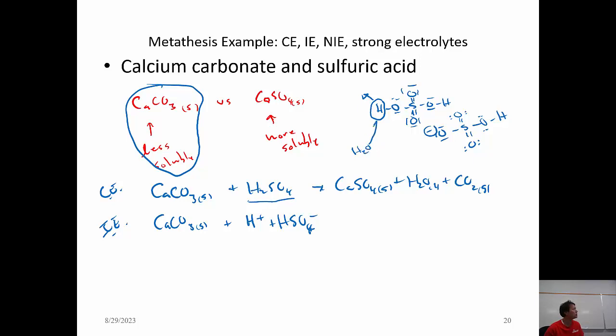Would it be this hydrogen, or would it be this hydrogen here? If you were water, which one would be a stronger acid hydrogen to pluck off? Sulfuric acid. Well, isn't this sulfuric acid too? No, because this is actually bisulfate, and structurally it's quite a bit different. And so we're only going to pluck off the first one here.